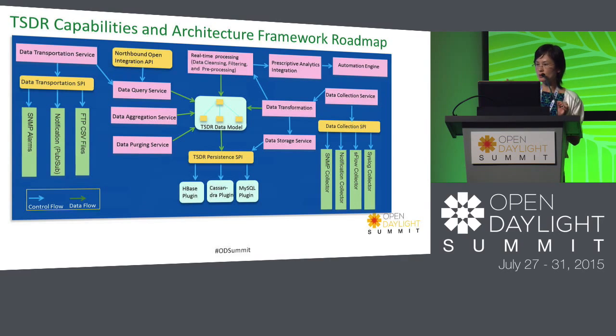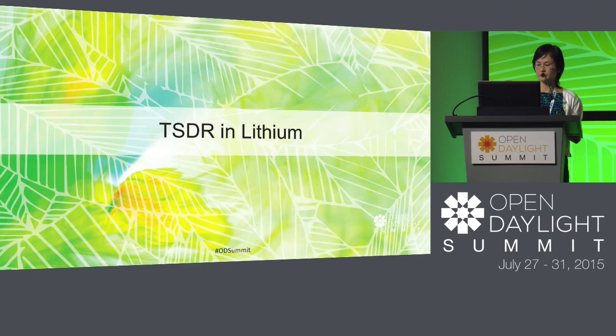Some real-time streaming data processing technologies will be applied here, and also integrated with prescriptive analytics integration, and then eventually kicking off the automation engine to feed the results back into the network. So for example, the SDN controller.